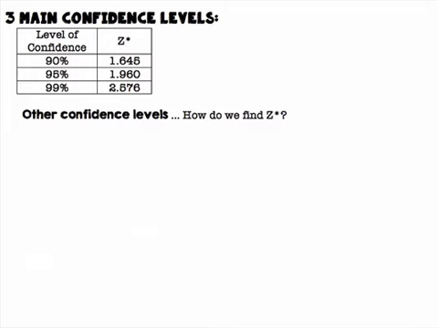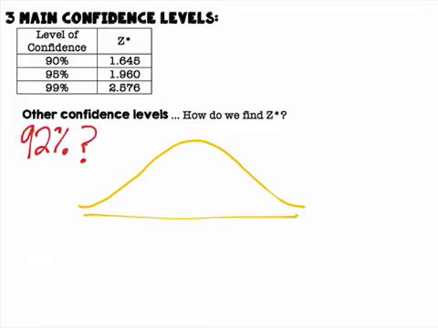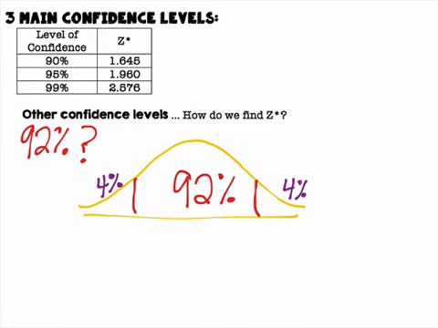So other confidence levels. How do we find Z star if the confidence level is not 90, 95, or 99? Okay, so I have a confidence level, let's say, of 92%. So I have 92% in the middle. That would leave me 8% total, which would be 4% above and 4% below.